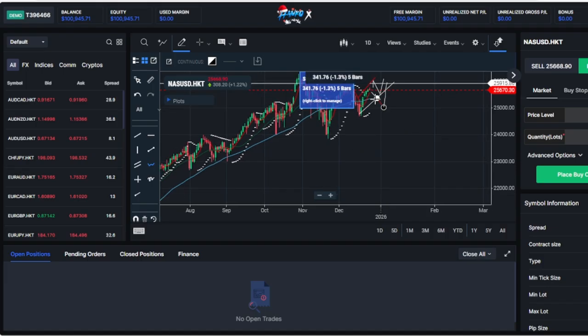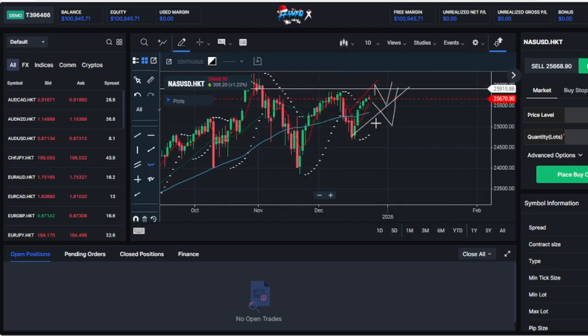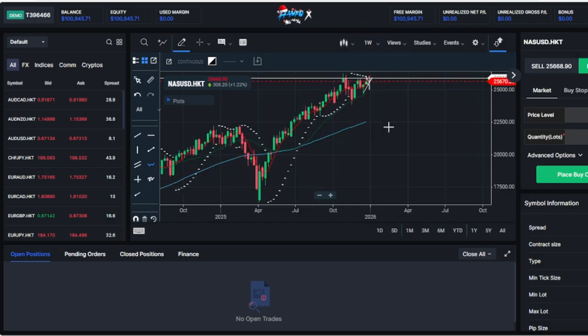So you want to be careful in the beginning of the week. However, we are staying bullish, you guys. We are staying bullish based on the daily trend first, the weekly, and the monthly, right?